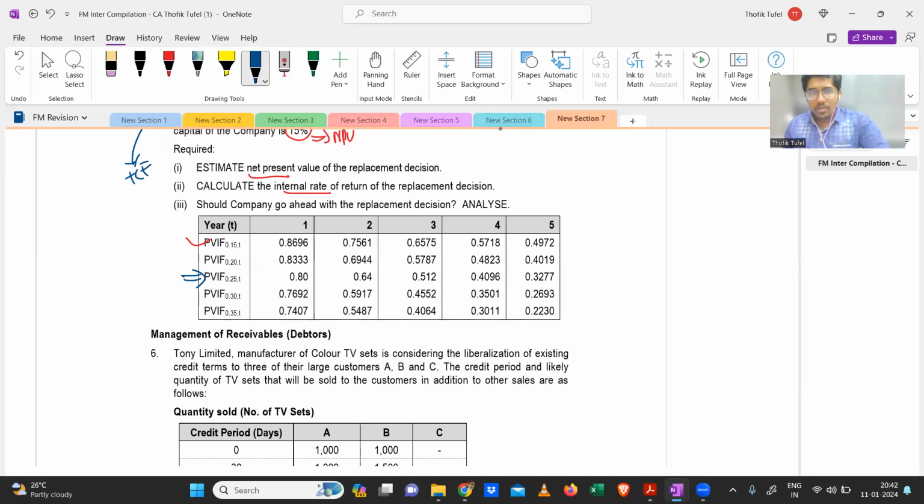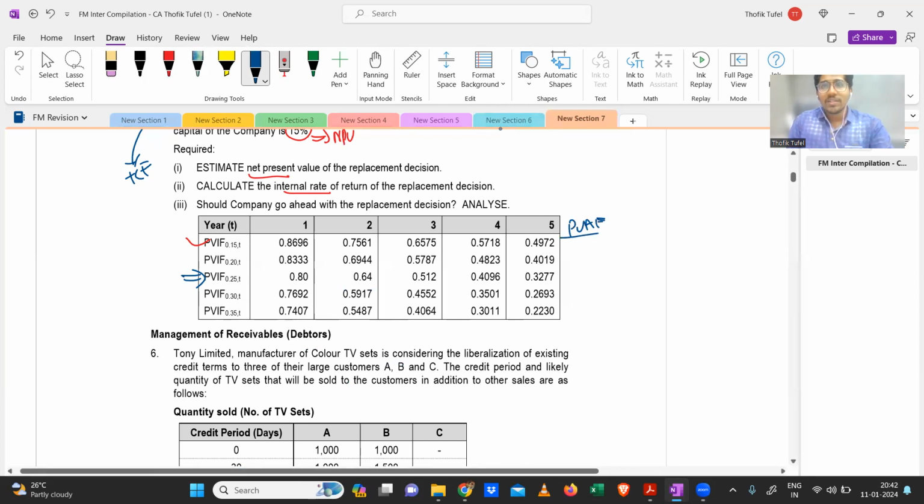So let me just calculate this annuity factor. In the exam, you can use the present value annuity factor table and take the number from there, so you don't have to calculate again and again. This is one more trick, because while doing the problem you will be under pressure, and in that pressure you can make mistakes in this addition. So now for 30%: 0.7692 plus 0.5917 plus 0.4552 plus 0.3501 plus 0.2693.